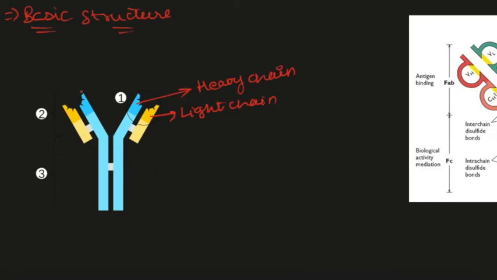And apart from that, these curvatures which are present over here are called the FAB region, and this portion is called the FC region, and these white color structures are called the disulfide linkages, which basically bind the entire structure.